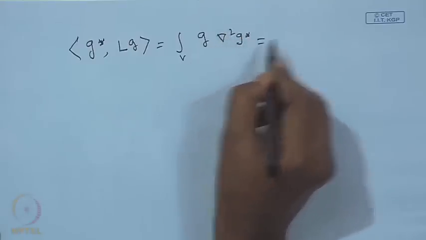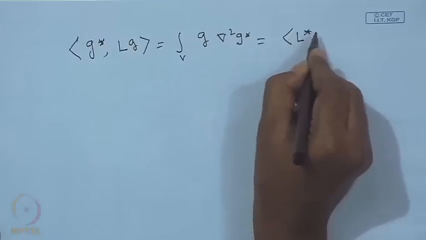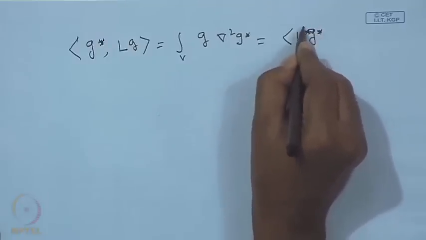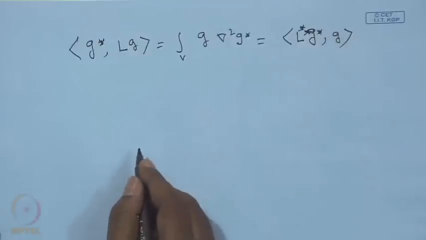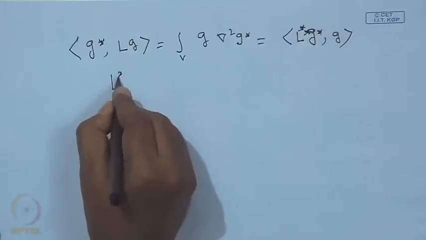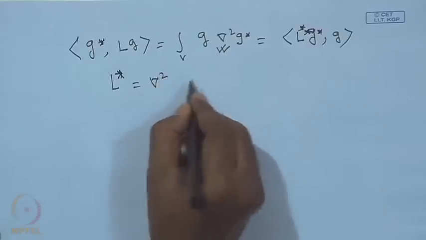Therefore, this is nothing but the inner product of L star g star, comma g. So, what is L star? L star is nothing but the grad square operator.